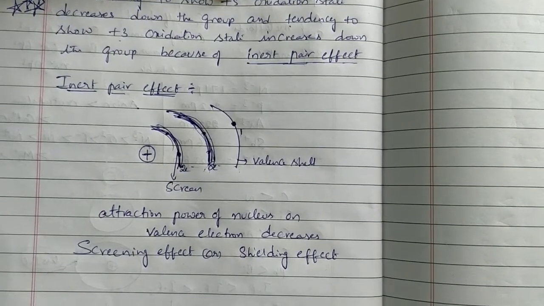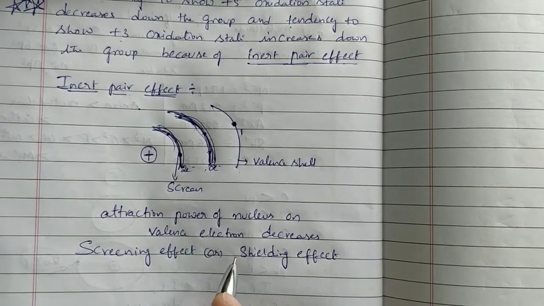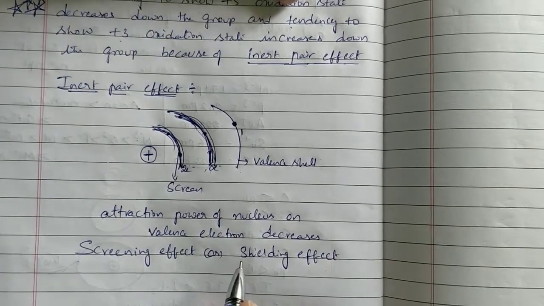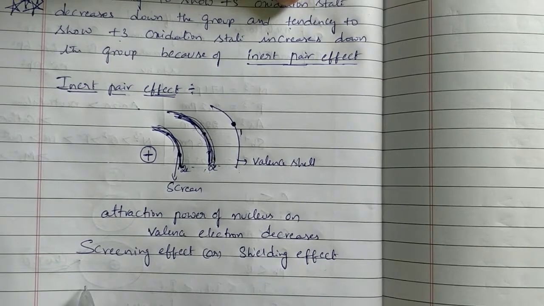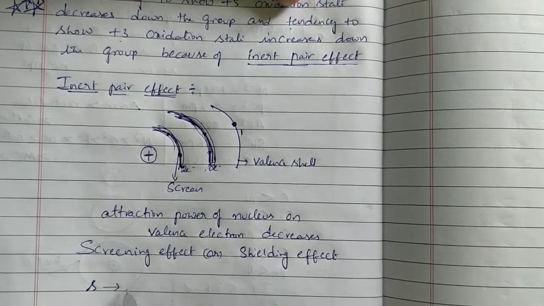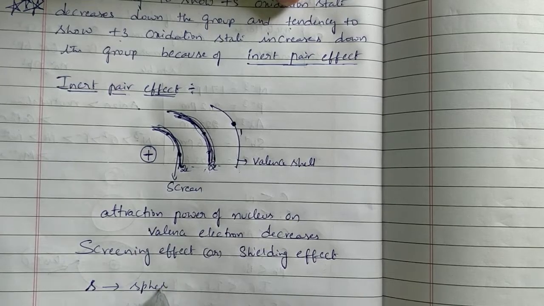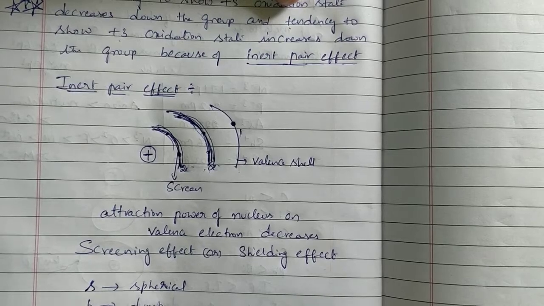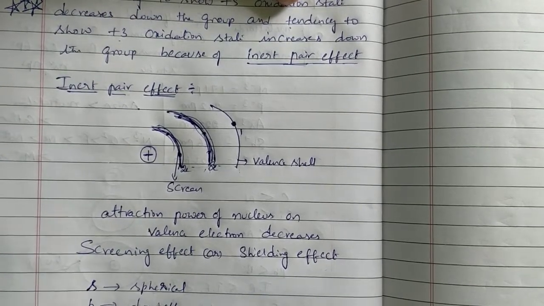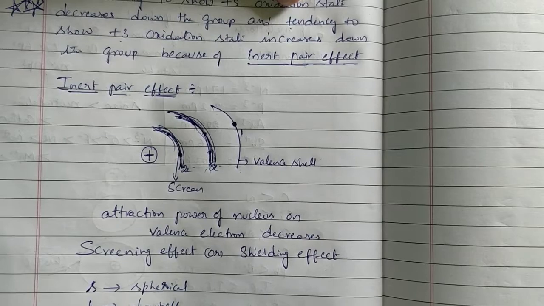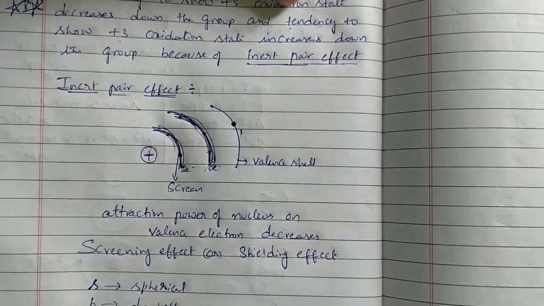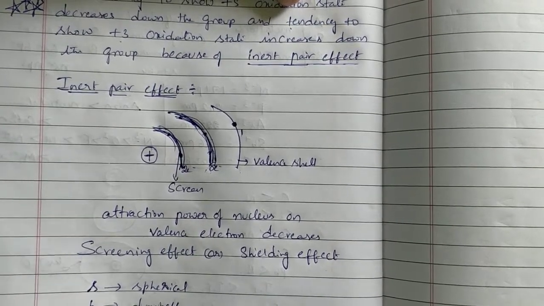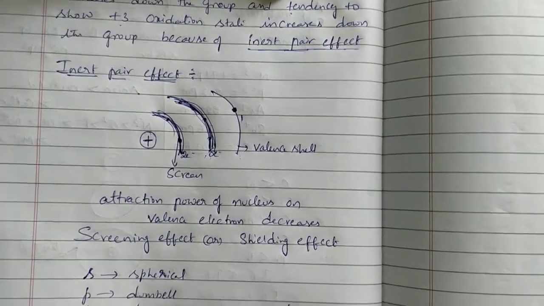Now, the screening effect caused by electrons depends on the shapes of the subshells. The s subshell shape is spherical, the p subshell is dumbbell, the d is double dumbbell, and the f orbital we cannot easily draw; it is a fused structure, very complicated.